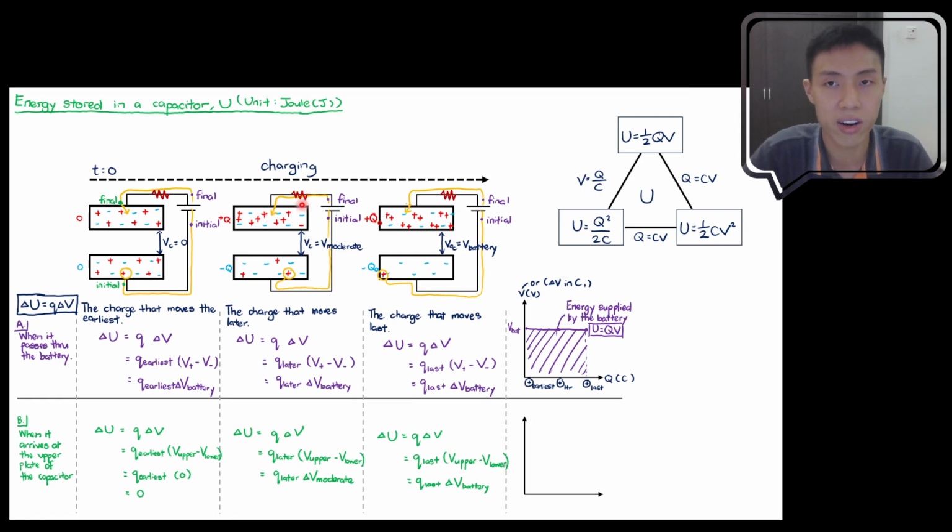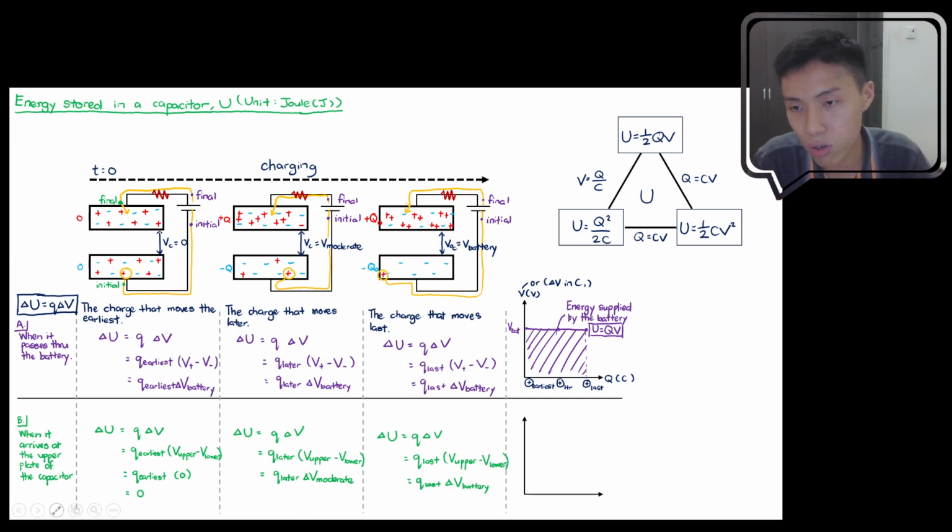So the amount of energy directed to the resistor will gradually decrease, but the amount directed to the capacitor to be stored will gradually increase, until at the end of charging, all of the energy is directed to the capacitor and none to the resistor. That means not all of the energy supplied by the battery is stored in the capacitor. Some of it will be dissipated as heat through the resistor.